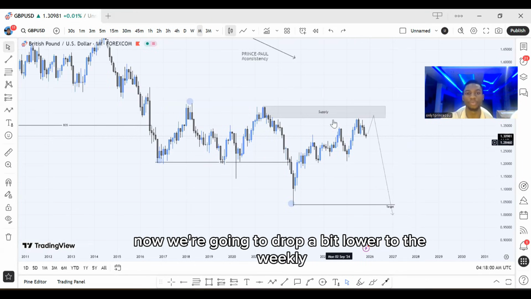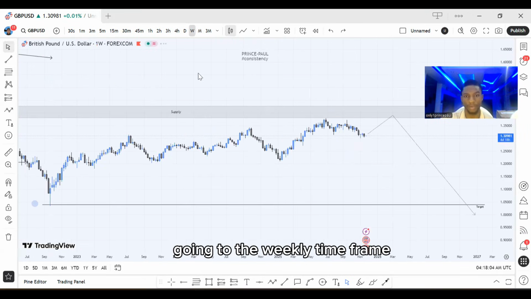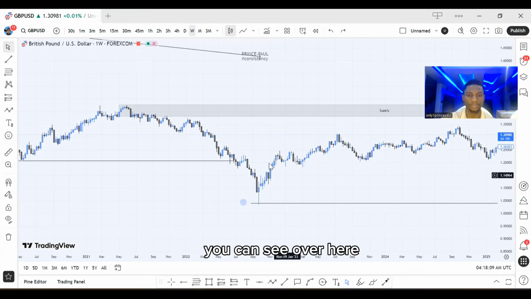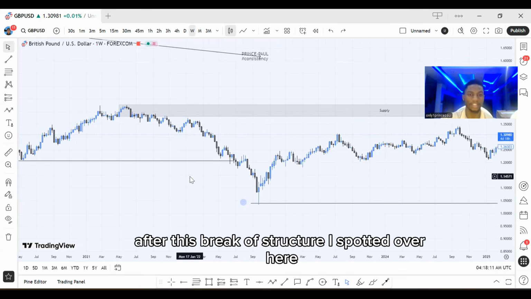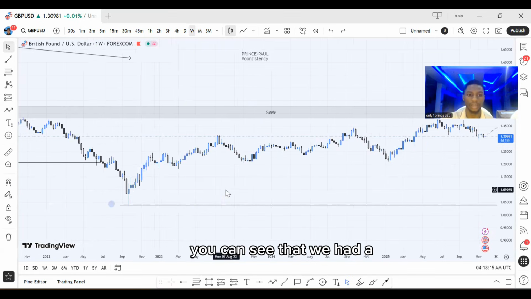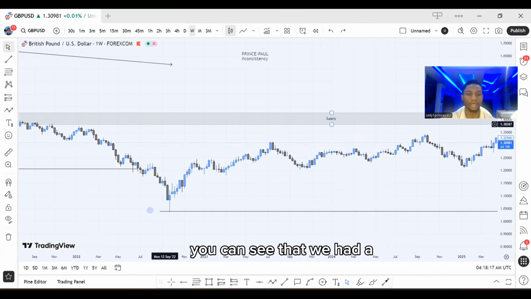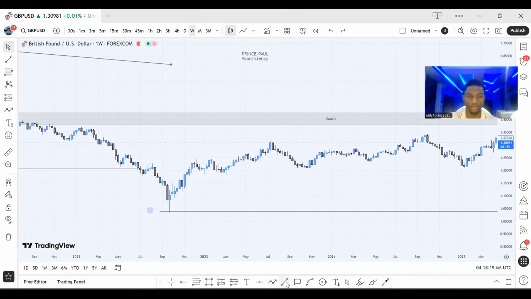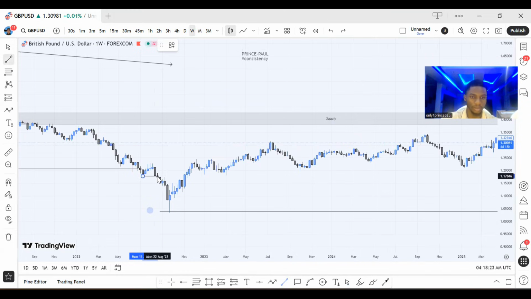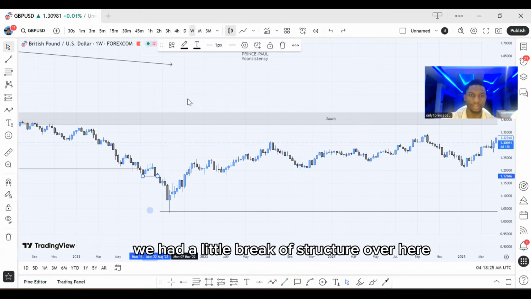Now we're going to drop a bit lower to the weekly time frame. On the weekly time frame, you can see over here, after this break of structure I've spotted, we had a break of structure over here to the downside, had a little break of structure over here to the downside.